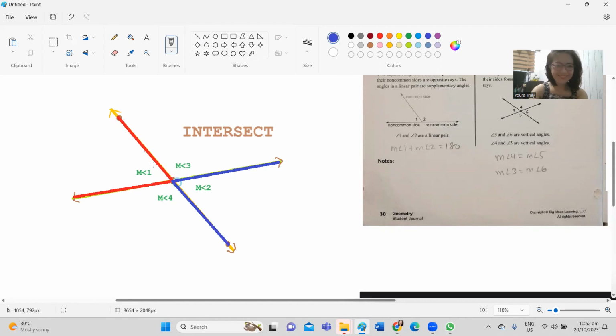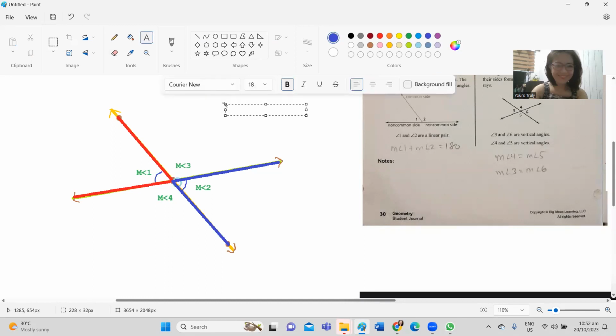If you can see, angle 1 and angle 2 are opposite angles, so they are called vertical angles, okay? Vertical angles. What else are vertical angles in this figure?